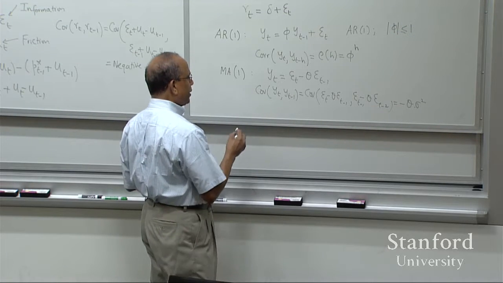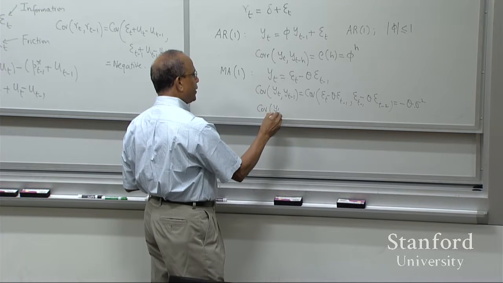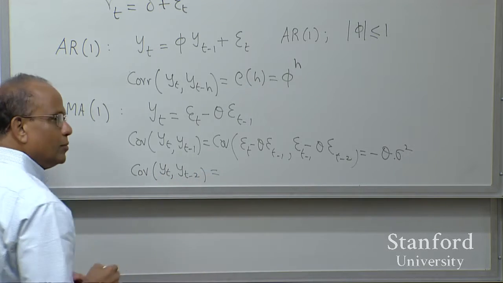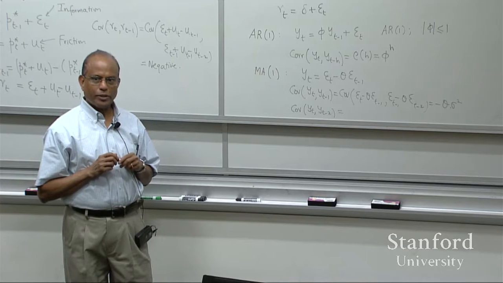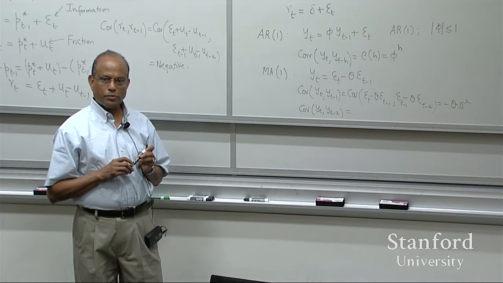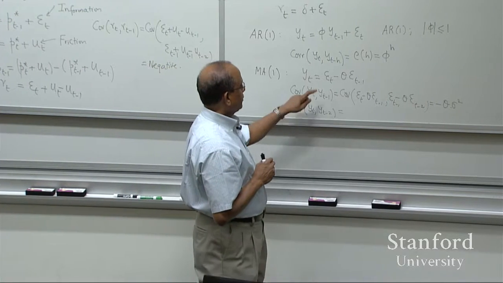But the key is the next term here. What is the covariance between yt and yt minus 2? Are there any common terms between yt and yt minus 2? If you look at yt, you see that this is a quantity.